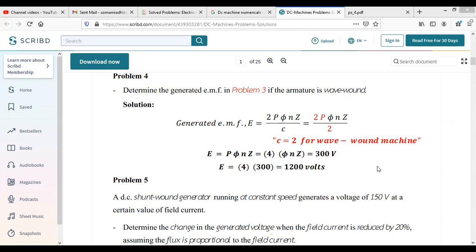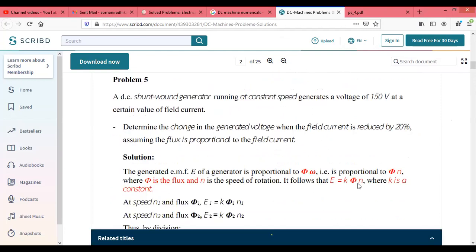Okay. So here again, now we can solve for one DC shunt motor, which we solved yesterday. So here is the question. A DC shunt generator running at constant speed generates voltage at a certain value of field current. We are having the question: determine the change in generated voltage when field current is reduced.